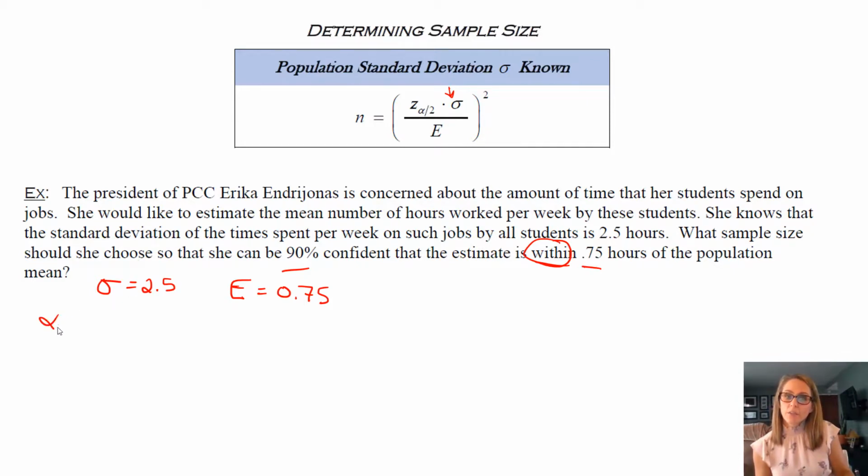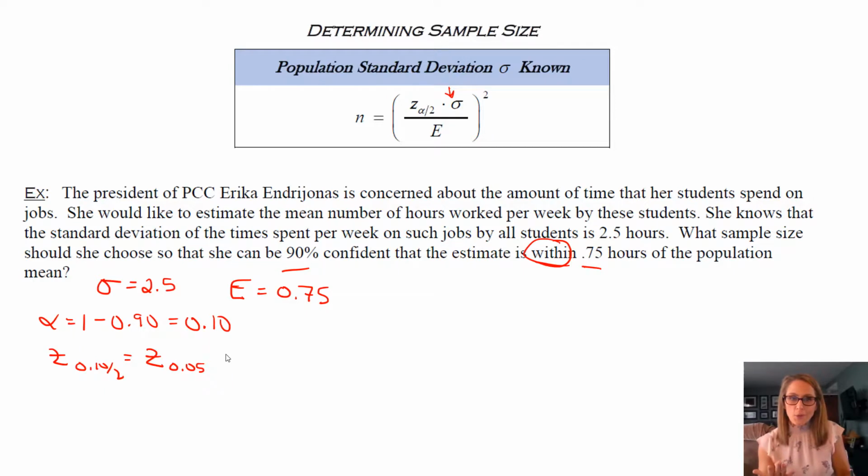And then the difference here is we want to be 90% confident, so we still have our alpha, but we're looking for a z-score, 0.10 divided by 2, so same there, but just with a z. So a couple things you could do here.